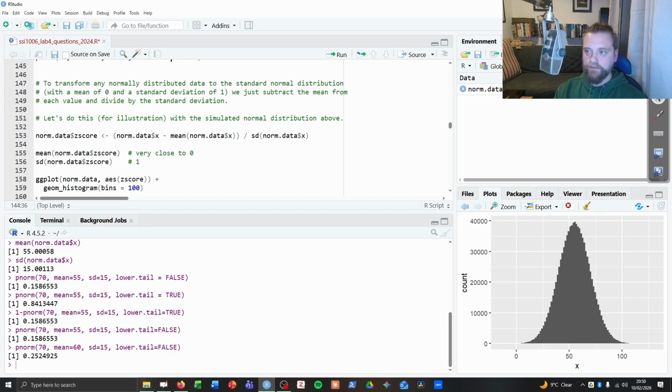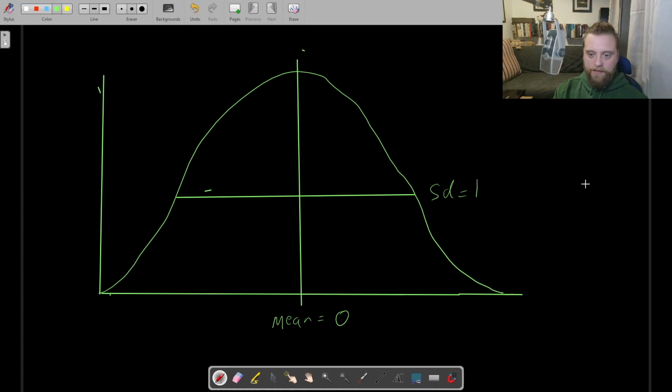If we come back to here, we just take the score, our x, subtract the mean, and divide by the standard deviation. So if we think about our previous example, that's going to be 70 minus 55 divided by 15. So the z-score here would be 1.